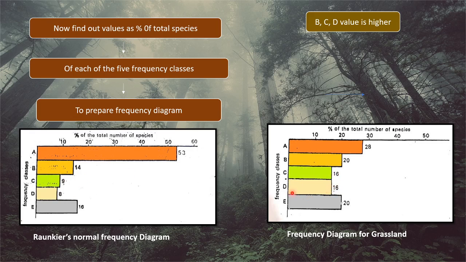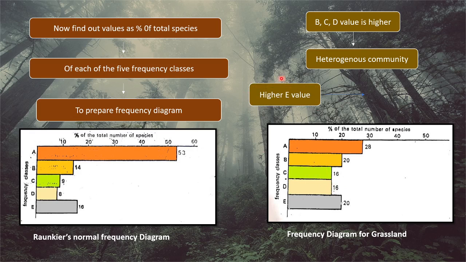Here the D value is 16, in Raunkiaer's it is 8. So when there are higher B, C and D values in comparison to Raunkiaer's normal frequency diagram, this means that this is a heterogeneous community. So in a grassland, basically, you can find a heterogeneous community where there would be different kinds of plants present.